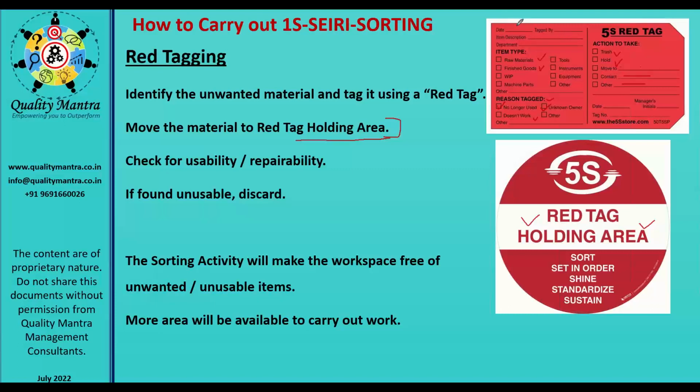Then the date here shows what date it was identified, and the date here shows what date this decision was taken, and then there will be a tag number. In the organization one has to compile this data: how many red tags have been used, from which area, and what kind of action has been taken.